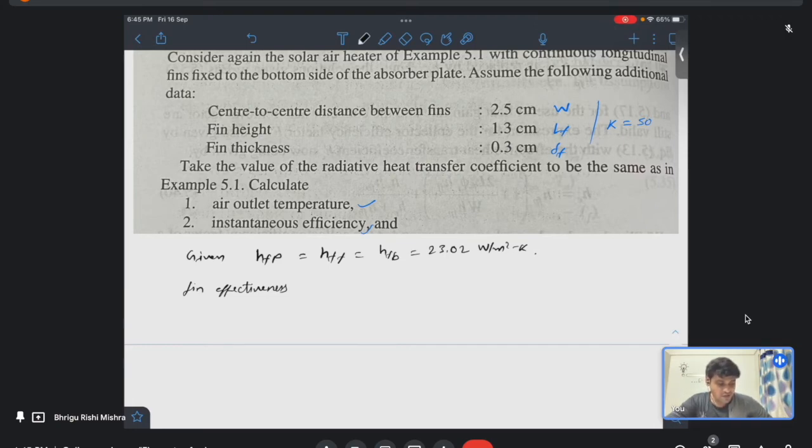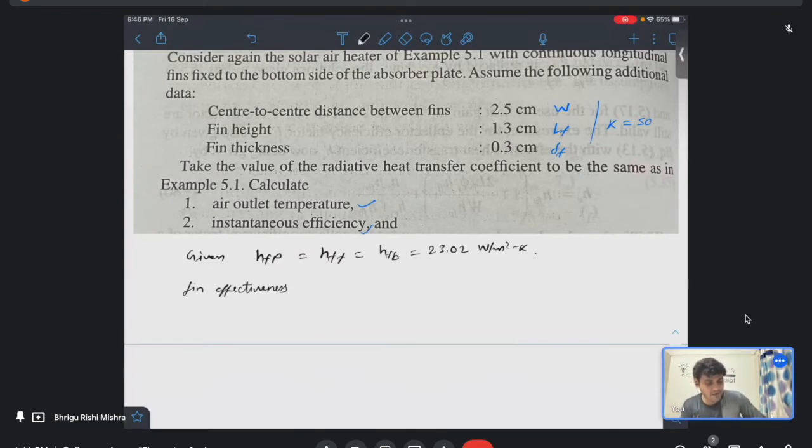On that basis we can again consider the air properties, and then the same procedure. However, for the fin cases, the formulas to calculate Reynolds and Nusselt numbers are different. We are not going into that detail, so that is why I have considered that HFP, HFF and HFB values are given for this question, which is 23.02, but it can be calculated, and in this question it is calculated based on some empirical formulas.